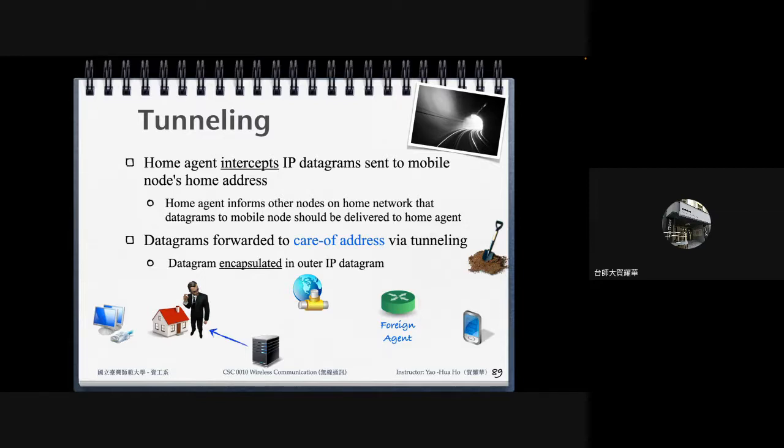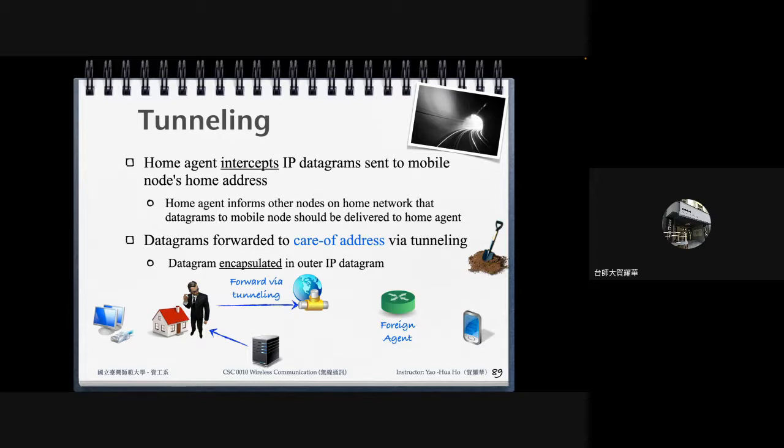Then the datagram will be encapsulated with the care-of address or foreign address. The datagram is encapsulated with an outer IP layer of the new IP, the care-of address or foreign IP address. That way the packet gets forwarded by tunneling.